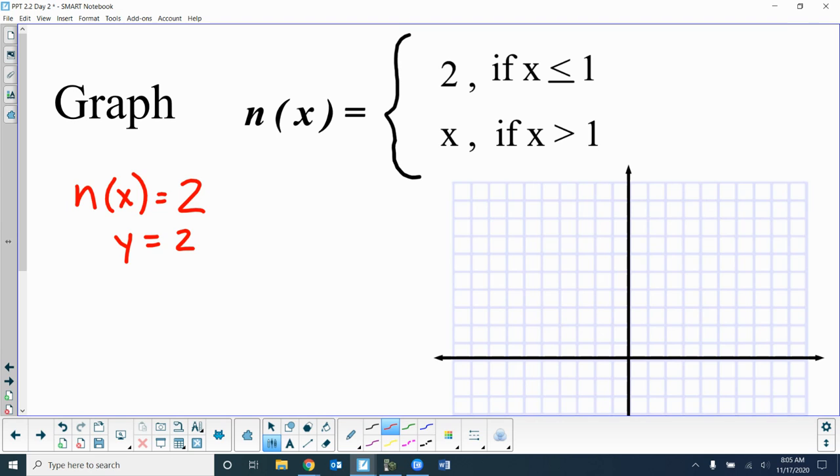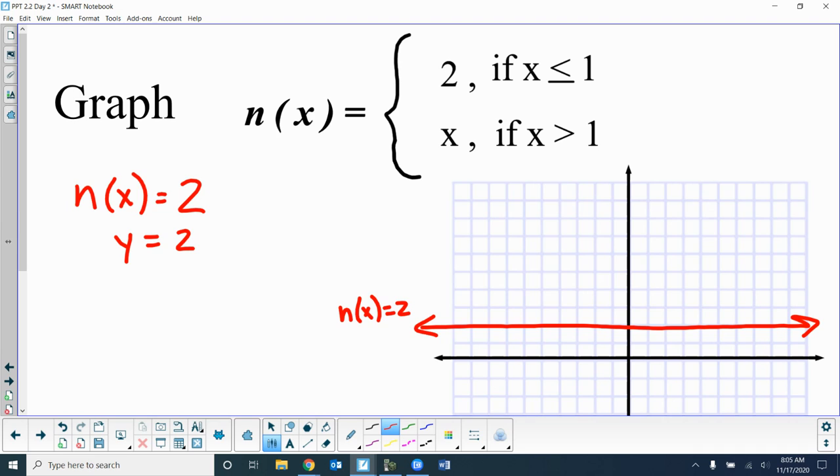Yeah, good. Straight line. What else? When there's no x in it. Yeah, horizontal. Okay, if there's no X in it, just a Y like this, it's horizontal through that number. So we have that line. That's n of X equals 2.